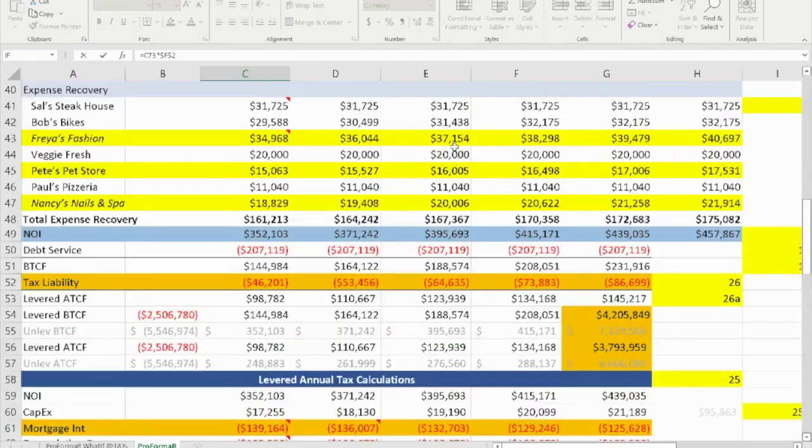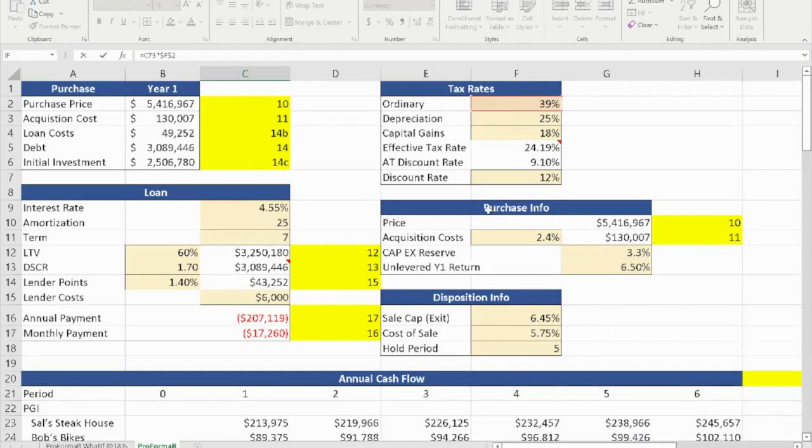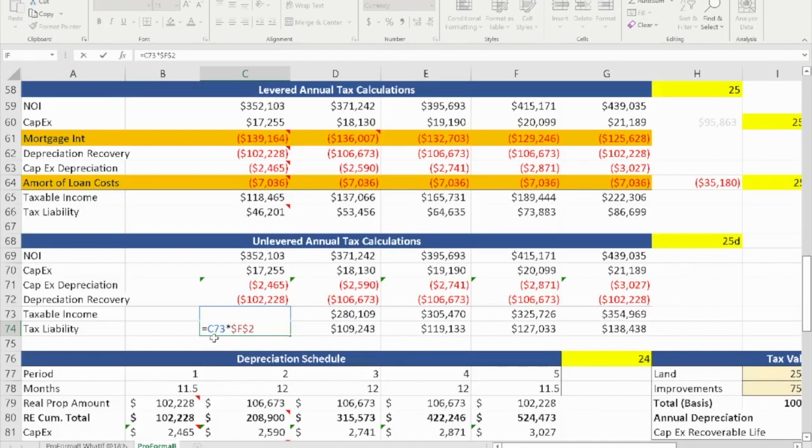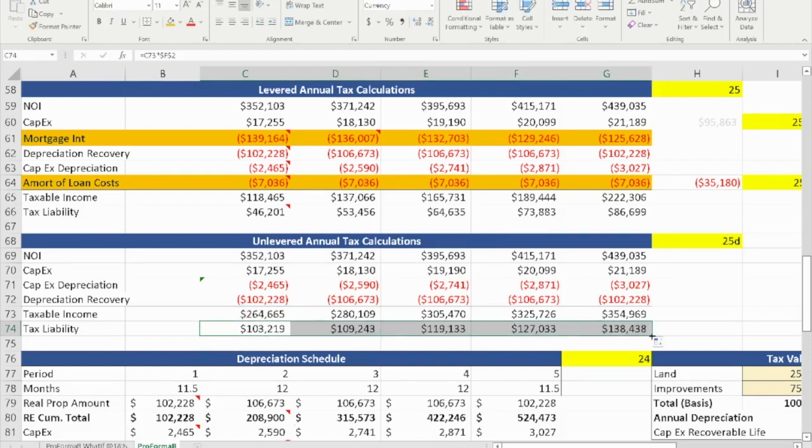And we're going to reference 39%, which is the ordinary tax rate up here. We're just going to simply multiply taxable income times the ordinary tax rate and anchor your tax rate so you can drag it across, and you're going to end the year 5 with $138,000 for your tax liability for year 5.